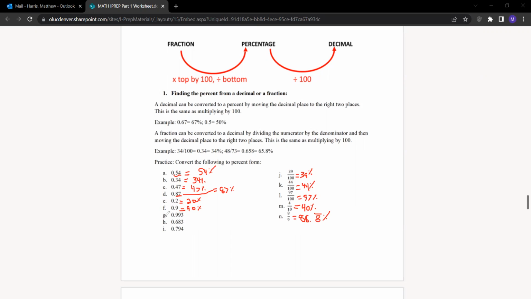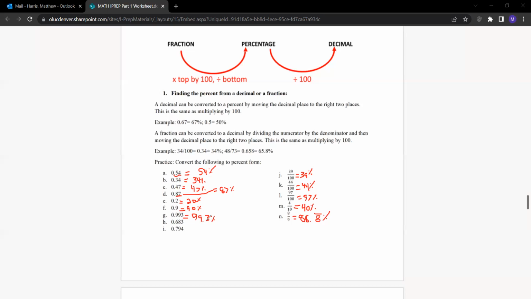All right, so then we can look at G, H, and I. For G, we have 0.993, and we can think about how we convert, right? We multiply by 100. When you multiply 0.993 by 100, what you'll get is 99.3. So our answer is 99.3%.